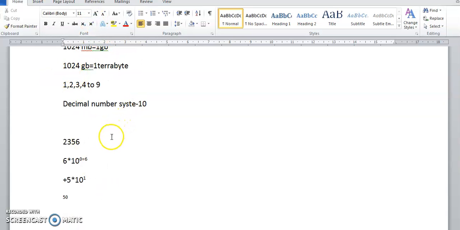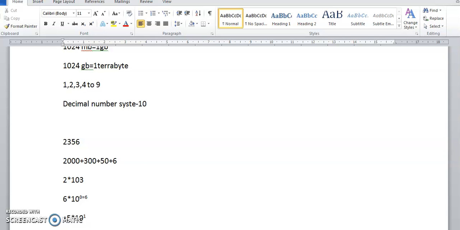Maybe you are confused about how this number becomes 2000 plus 300 plus 50 plus 6. How does 2000 come? 2 into 10 raised to 3. 10 raised to 3 means 10 into 10 into 10.